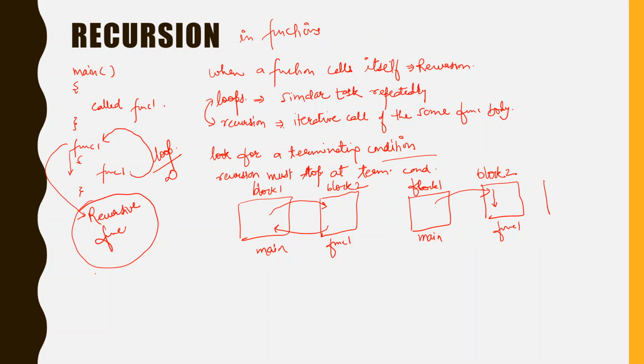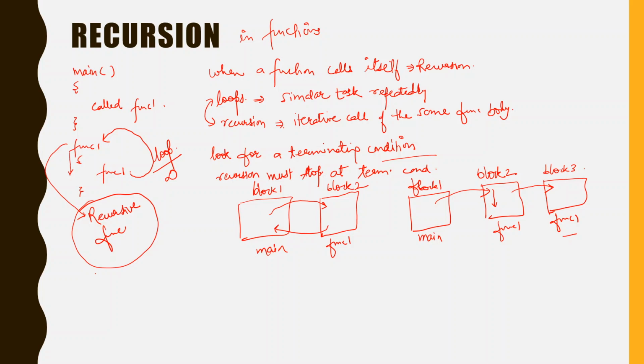A new block of memory with a copy of the instructions and data of function 1 is created. So a new instance or new block of memory will be created with the same statements and data that are used by function 1, and the control from function 1 shifts to the recursive call of function 1.